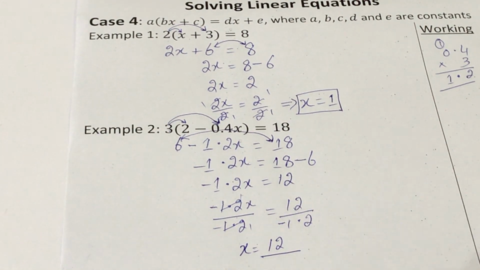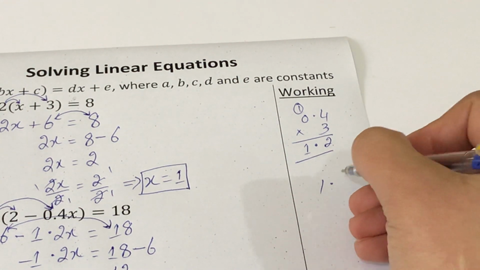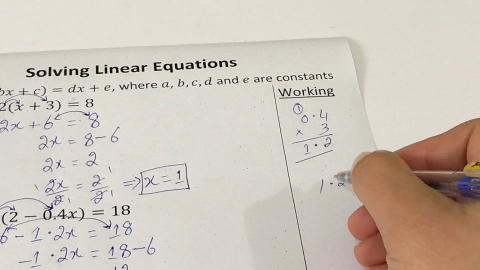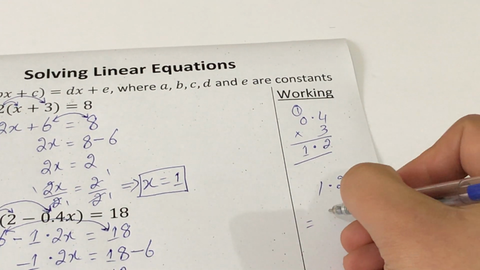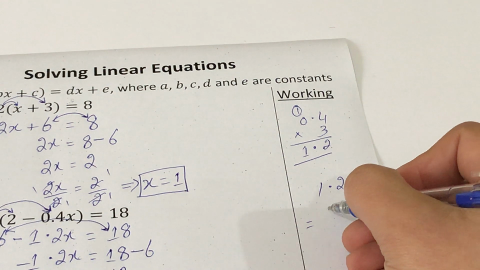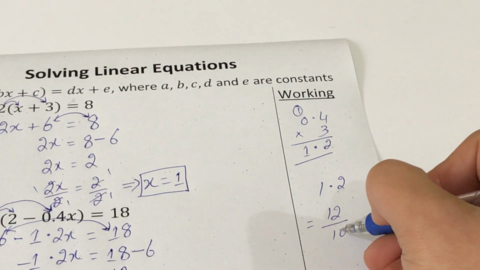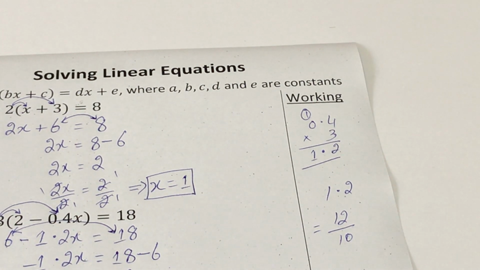12 as it is. Students, remember, when you convert a decimal number into a fraction, you always write 1.2 is equal to 12 over 10, because you have one decimal place, so you will write 10 in the denominator.